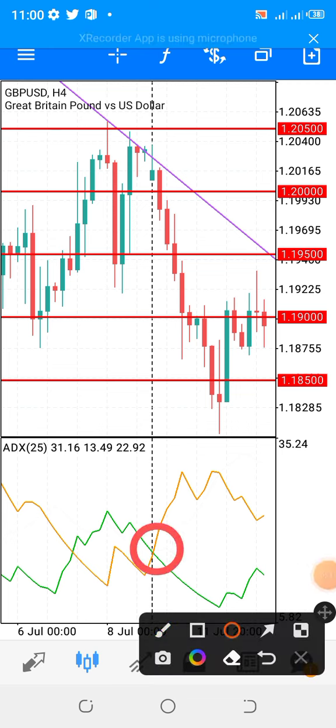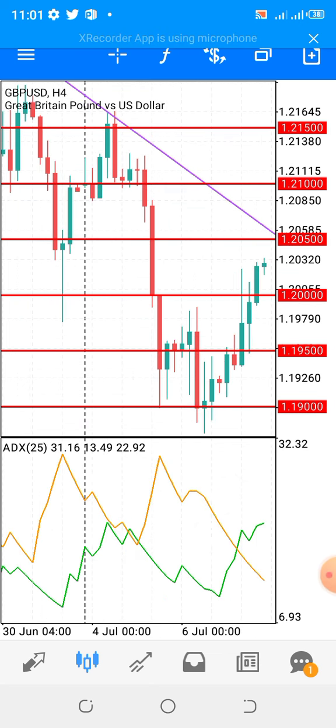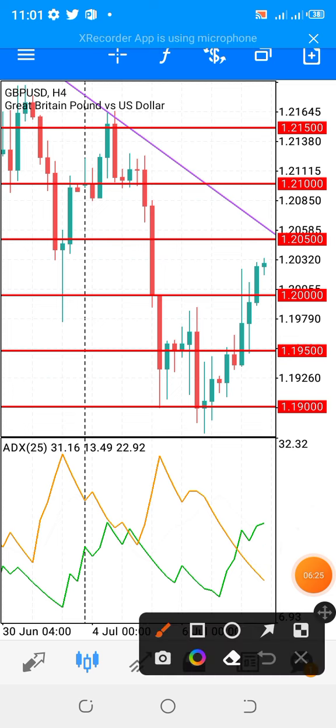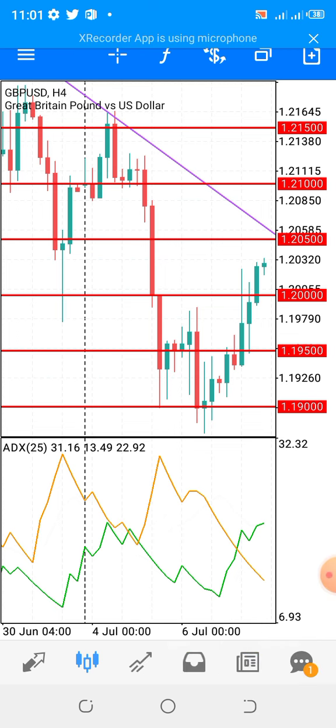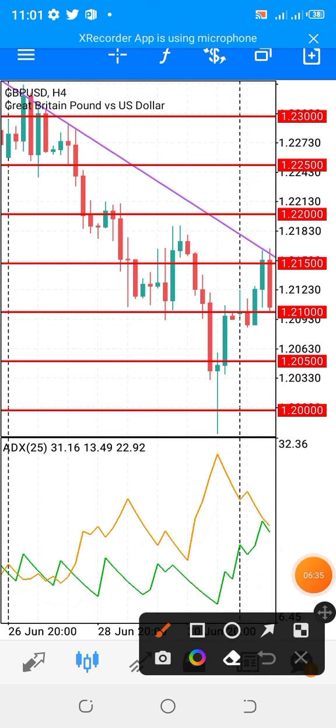As long as the market is on a downtrend, you can also establish your sell position here, and here. All of them will give you enough profit.